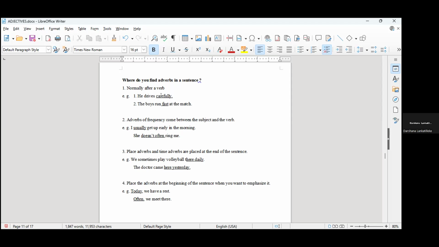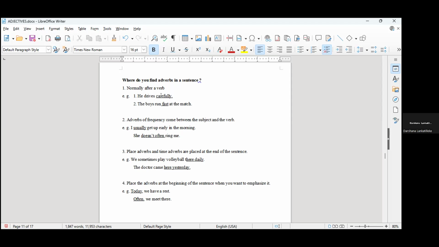So this frequency adverb we use in between the subject and the verb. I usually get up early in the morning. She doesn't often ring me. Ring is the verb. She is the subject. If you say it in negative form, it's the same, you have to use it in between the subject and the verb, right?